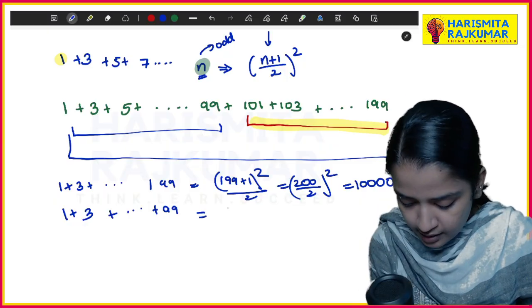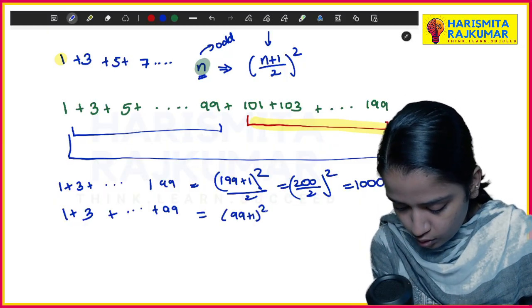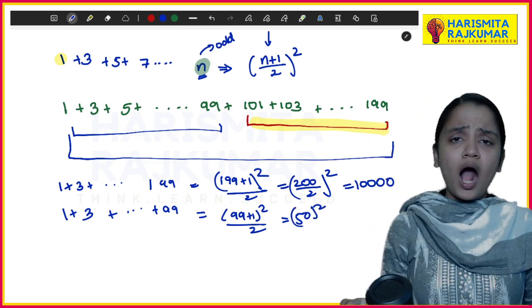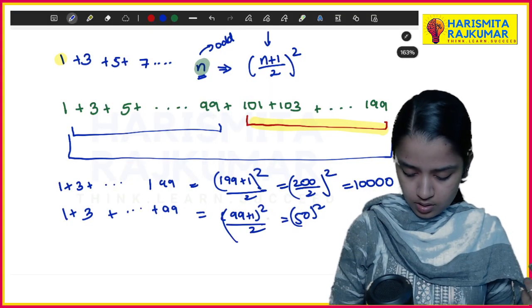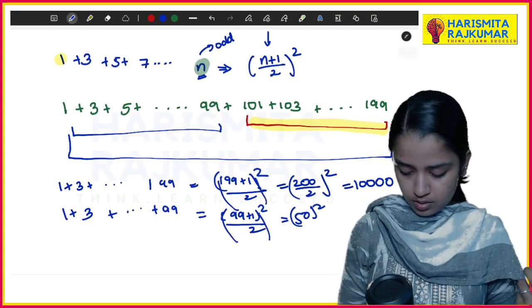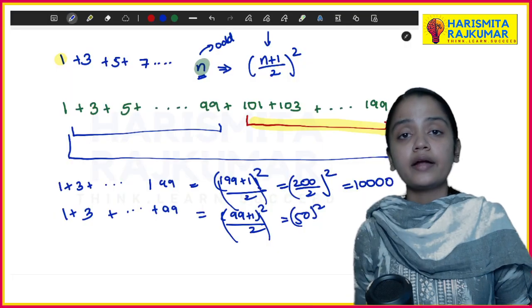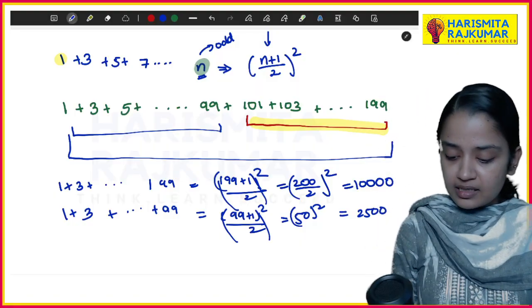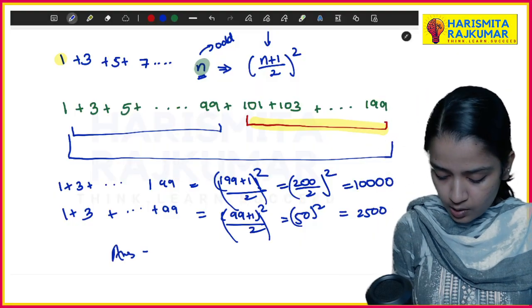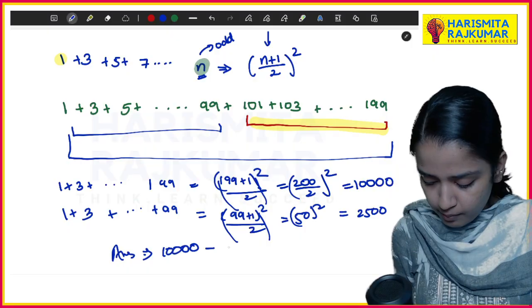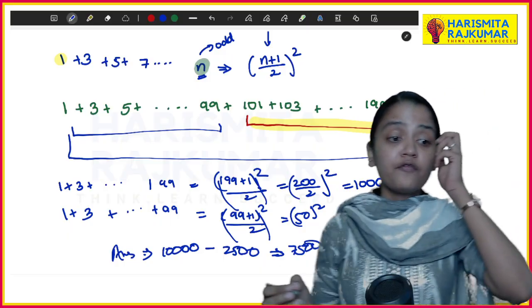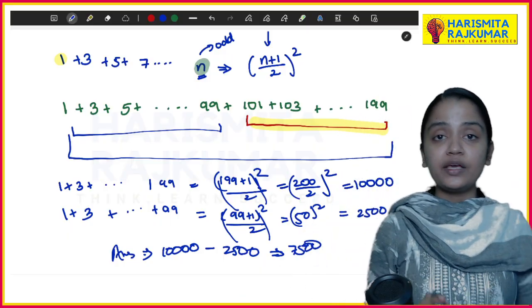It is 99 plus 1 by 2, the whole square, which is 100 by 2, which is 50 square, which is 2500. So what is the required answer? The answer will be 10,000 minus 2500, which is 7,500. That will be your answer.